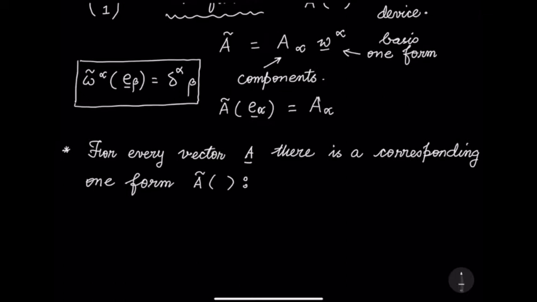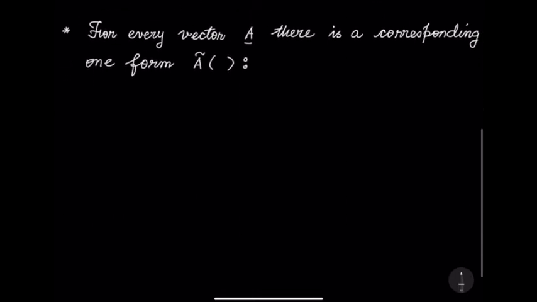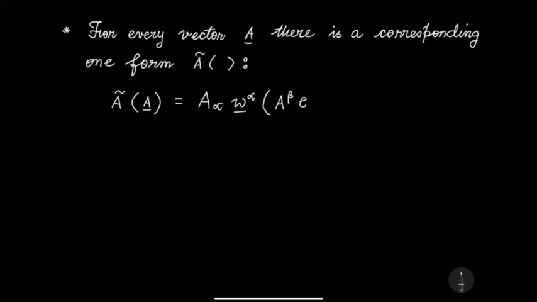Now, what is so special about these two? Well, as you can see, they come in pair. So if you give one to the other, this essentially means that if I write A tilde in terms of its components, so this is like A alpha, the one form alpha. And the one form alpha will take the vector A, and the vector A, say it has components A^beta and the unit vector e_beta.